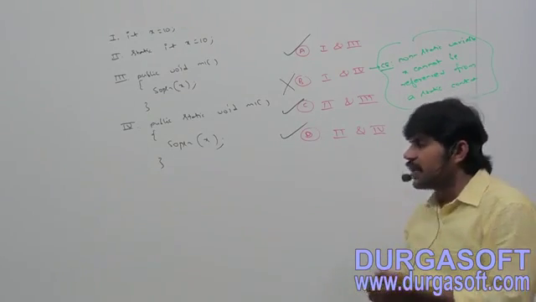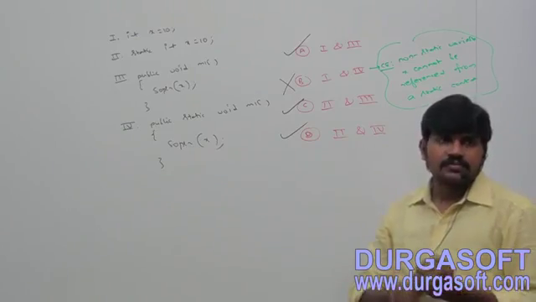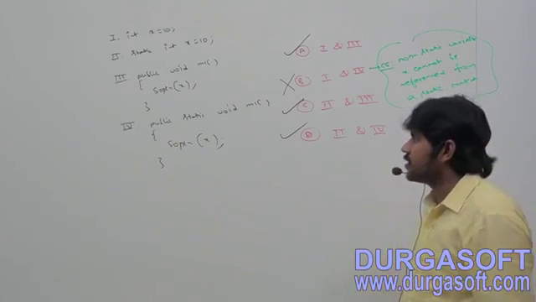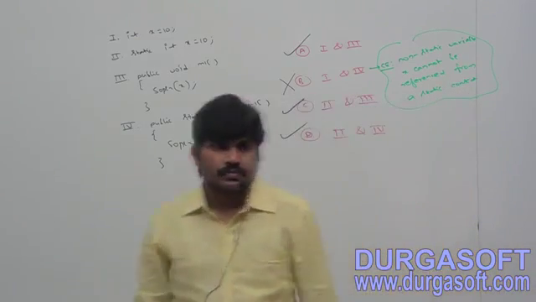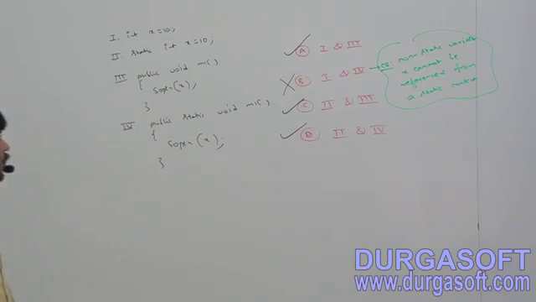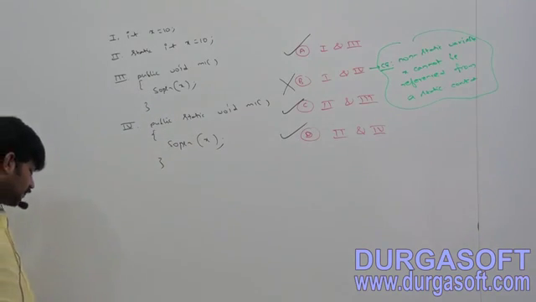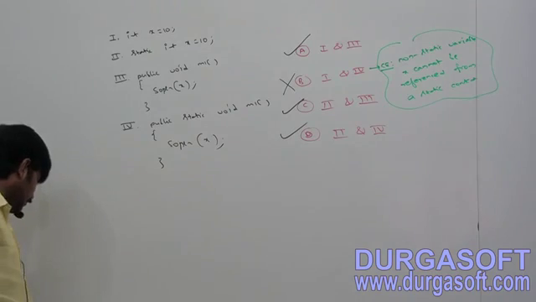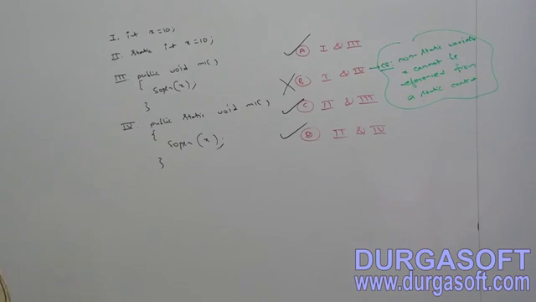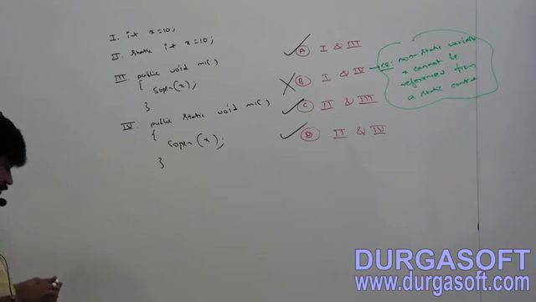Next, public void m1, SOP of x. Next, public static void m1, SOP of x. Completed, I hope.